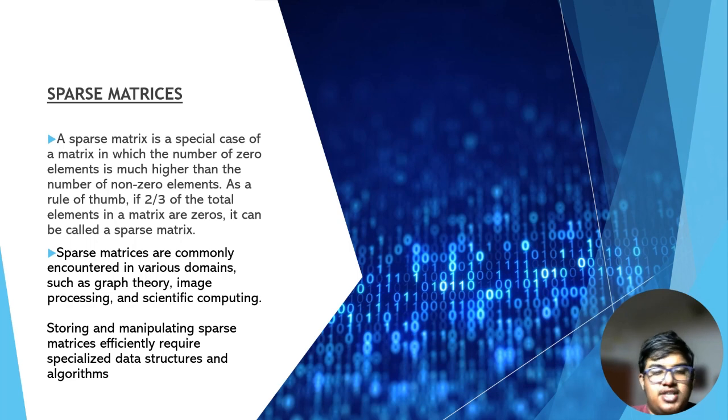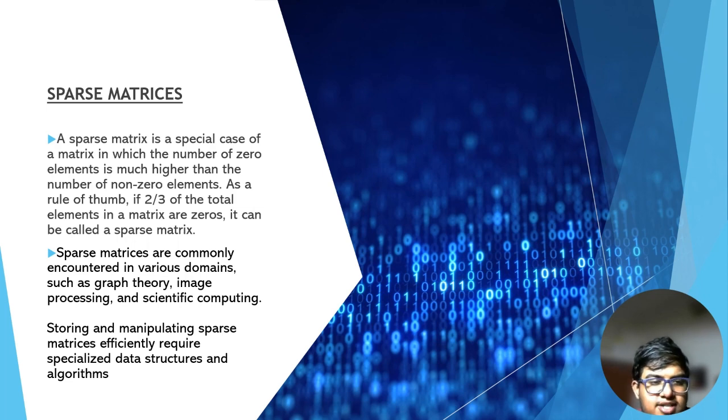Sparse matrices. A sparse matrix is a special case of a matrix where over two-thirds of the matrix is zeros, and only a few parts of the matrix are non-zero elements.